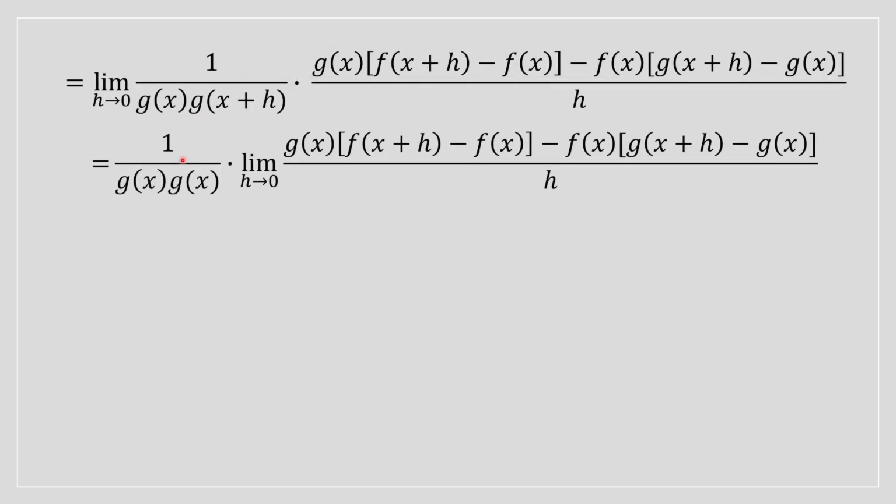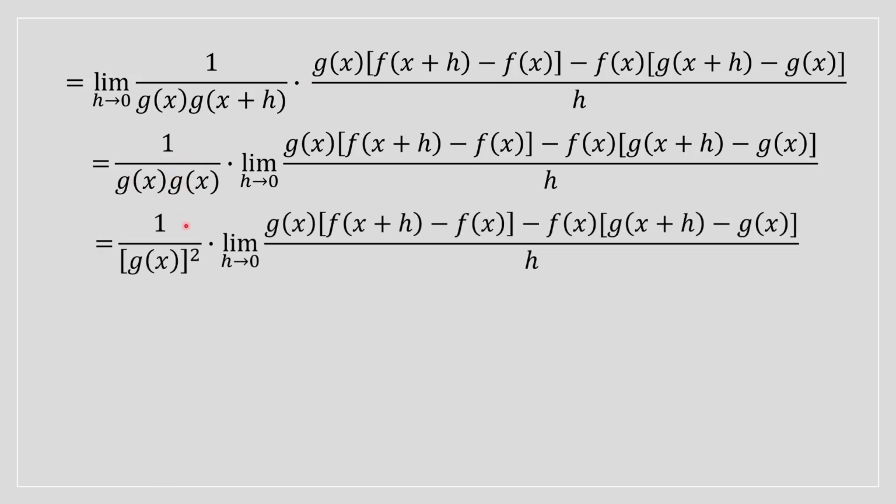Once we do that, we're just left with 1 divided by g of x multiplied by g of x. Over here, the limit also has to be multiplied in. It's kind of like a FOIL, so it's got to go to the secondary term as well. We're going to be left with something like this, and over here could be rewritten as 1 over g of x squared.